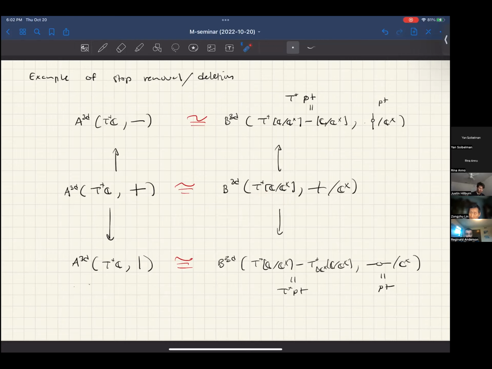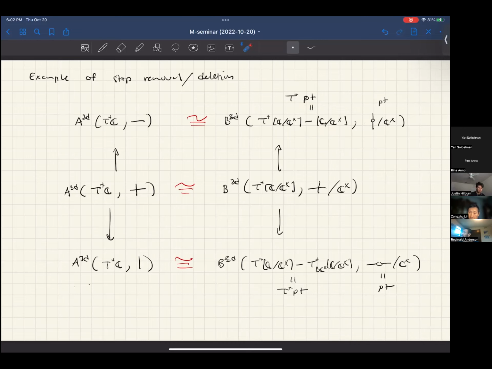I have to remove the unstable points. And so again, there are two characters of C star that I could choose, or well, 2 signs, either the positive one or the negative one. And in either case, my GIT quotient in the end ends up being just the point, but it actually ends up being a point in different ways.